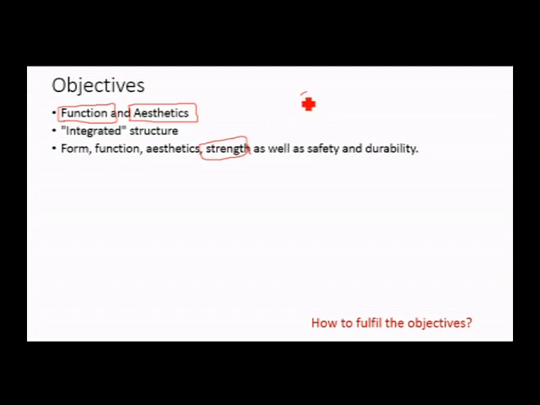Means the structural engineers should know what all the architectural requirements are, and the architect should also have knowledge of the structural elements which are to be located in a particular area.